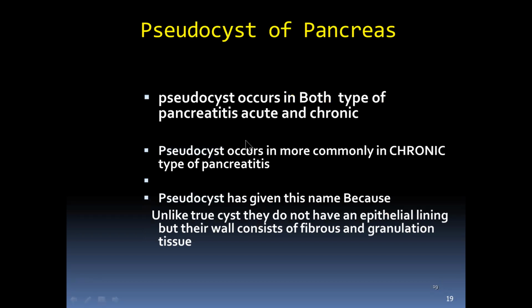This pseudocyst occurs both in acute and chronic pancreatitis, but more commonly in the chronic type. It is given this name because, unlike a true cyst, it does not have an epithelial lining, but its wall consists of fibrous and granulation tissue.